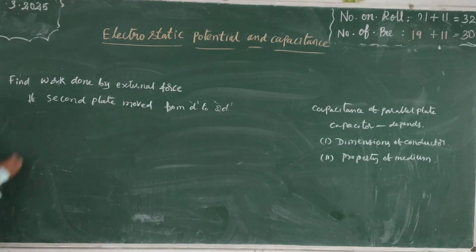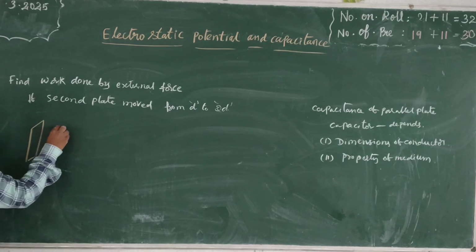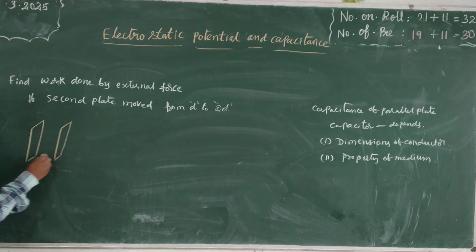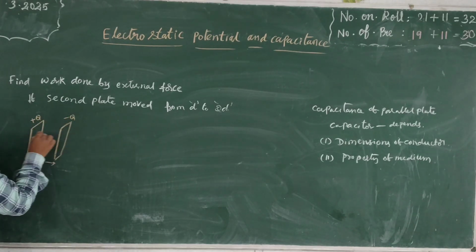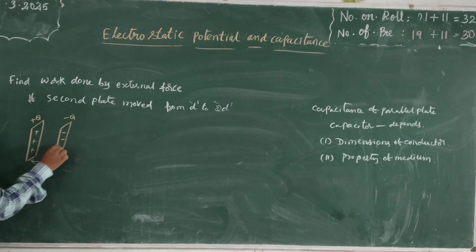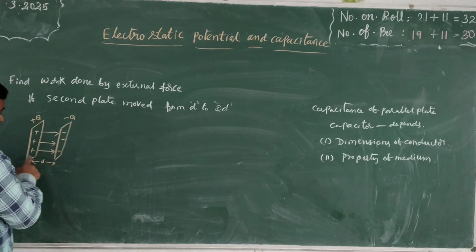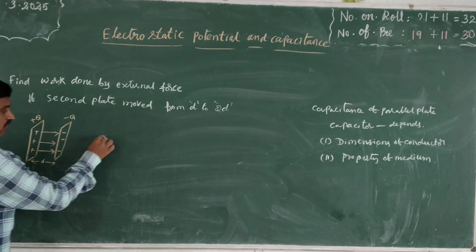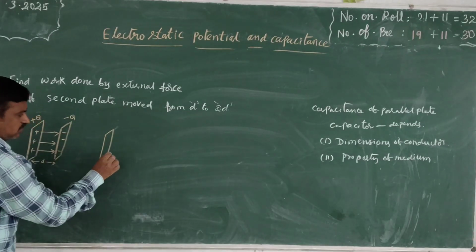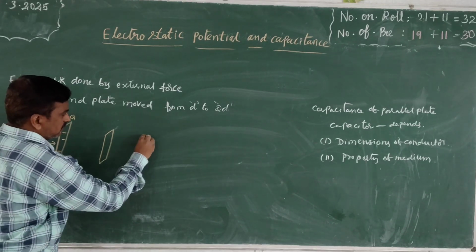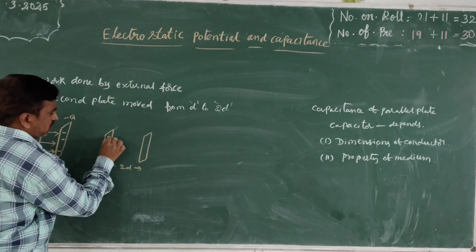For example, this is the first plate and this is the second plate, the distance is d, the charges are plus q and minus q, and there are electric field lines like this. The first plate is fixed and only the second plate is moving. The first plate is not disturbed, only the second plate moves, through a distance of 2d.